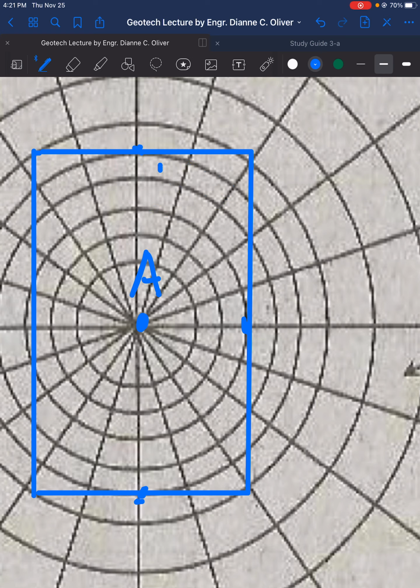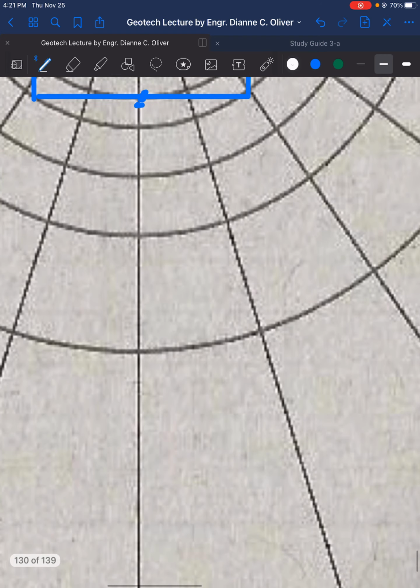So I have here 1, 2, 3, 4, 5. This is a whole element. 6, 7, 8, 9, 10, 11, 12, 13, 14, 15, 16, 17, 18, 19, 20. So I have 20 whole elements.